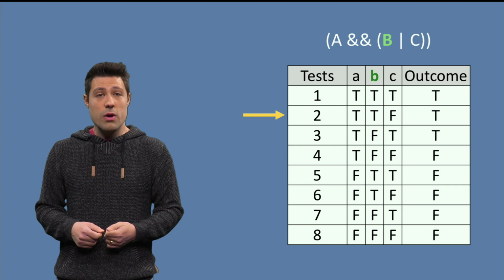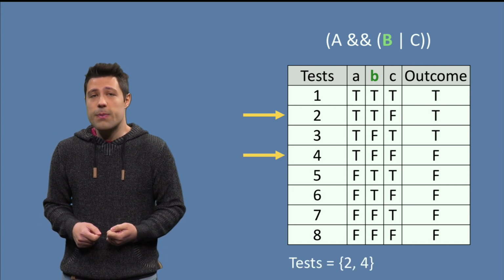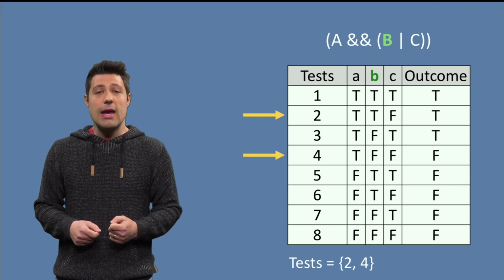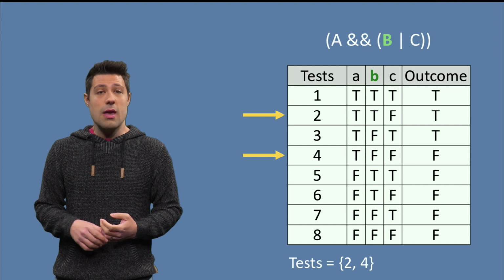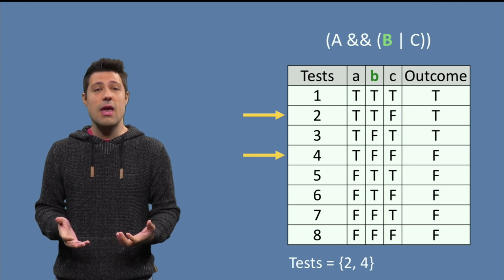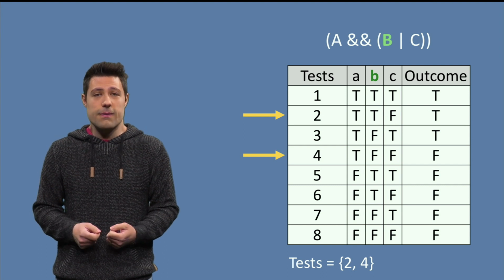Let's look for the row where we see the same conditions, but with B flipped, which happens in row 4. And the outcome is different, meaning tests 2 and 4 are a good way to independently test the behavior of B. This means these 2 are good tests to make.